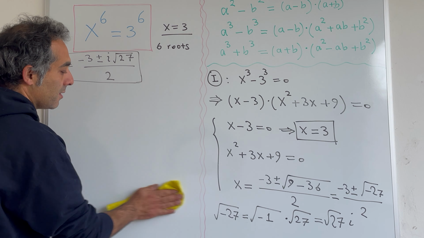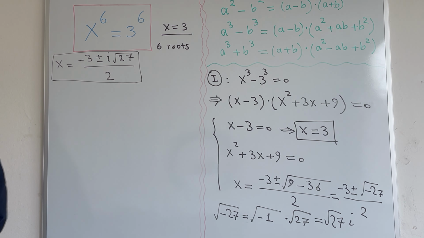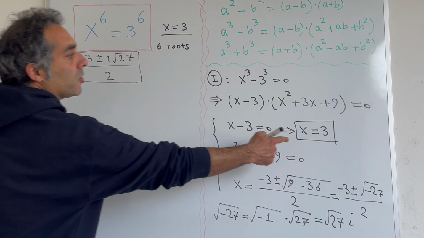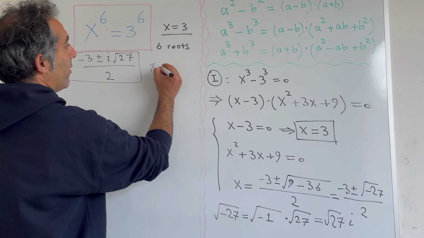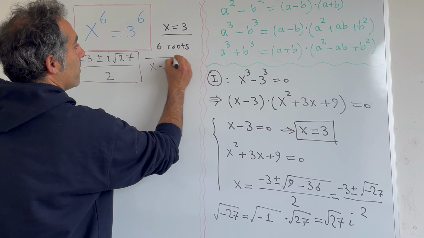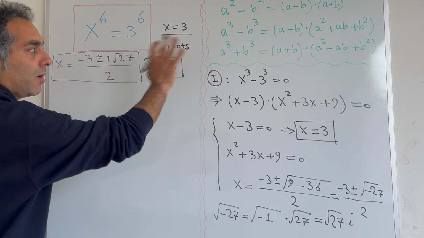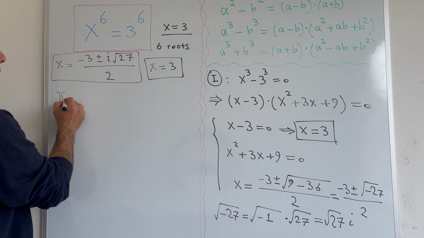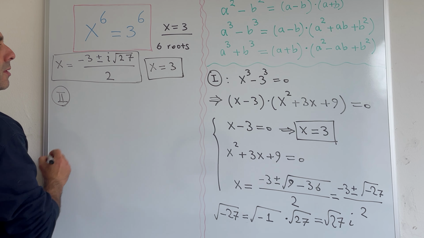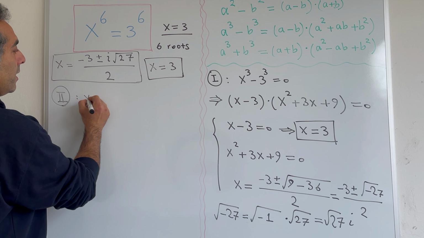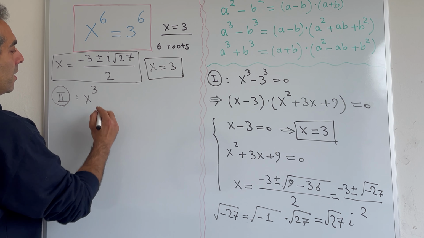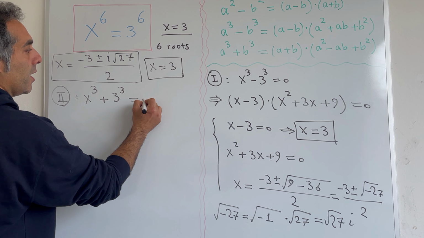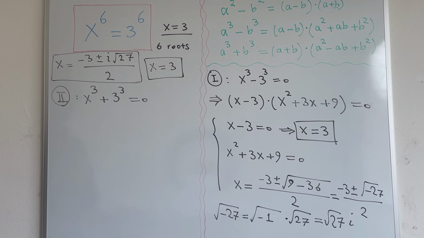I erase this and write the first root here, and then I can erase all of them. Equation 2 is x cubed plus 3 cubed equals 0.